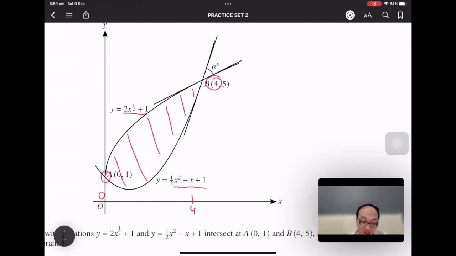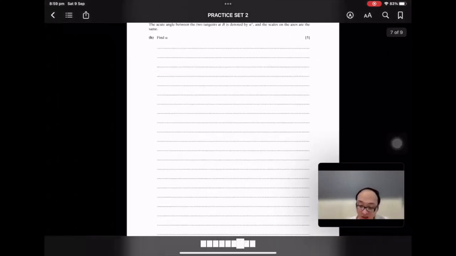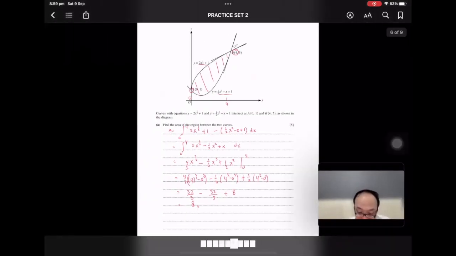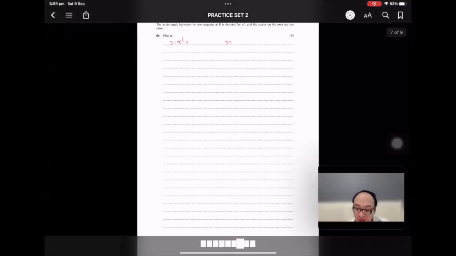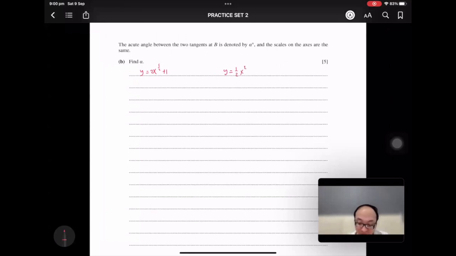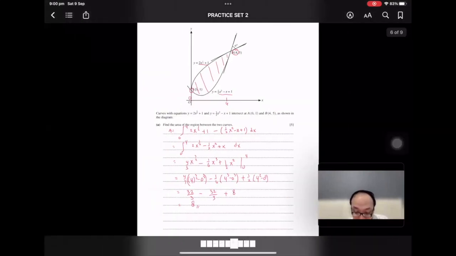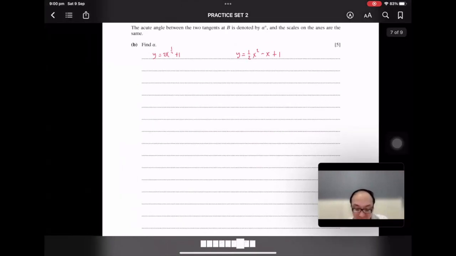So the first one is y equals to 2x to the half plus 1. And the other one is half x squared minus x plus 1. Yeah, correct, yeah?